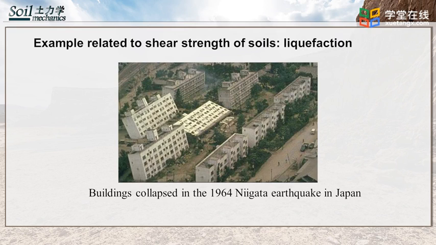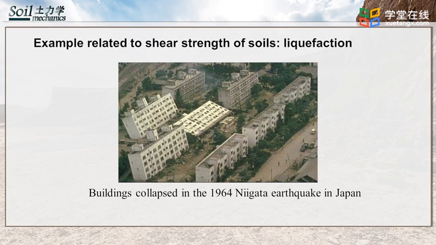When earthquake hits, the pore water pressure within the saturated soil builds up so rapidly, leading to full loss of shear strength. Soil particles are floating in water, behaving like liquid. This phenomenon is called liquefaction.